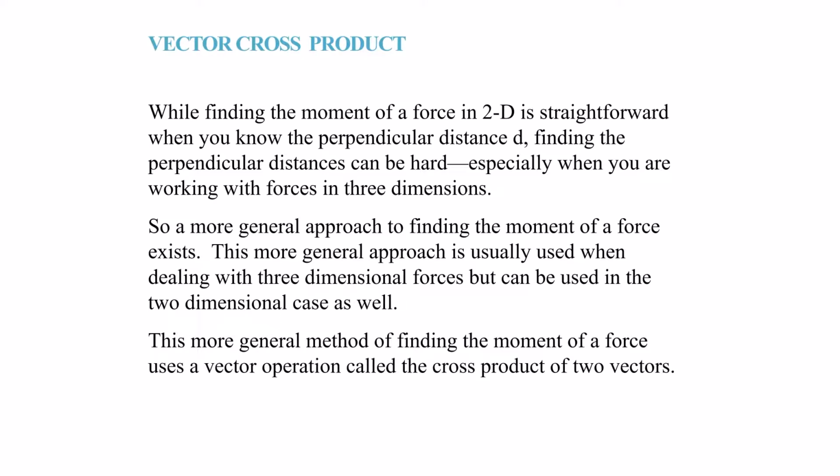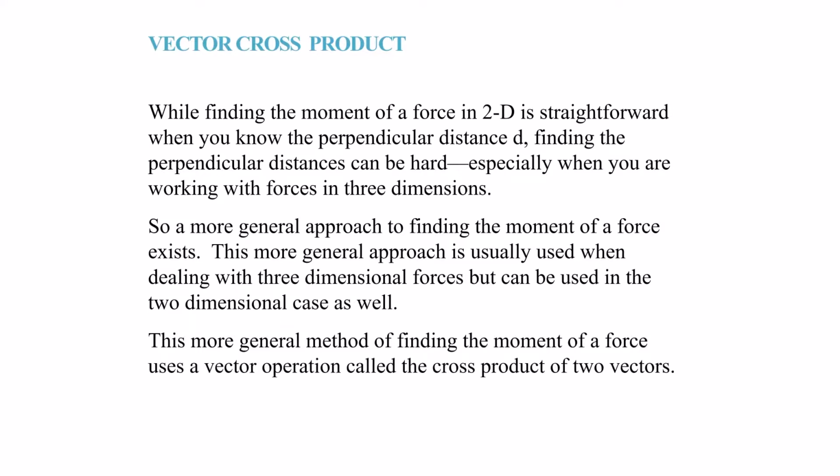We could break up the problem into a bunch of 2D problems and solve it that way, but generally it's easier to use the vector cross product to come up with a moment. And one of the things you're going to find is that a moment itself is a vector, okay?